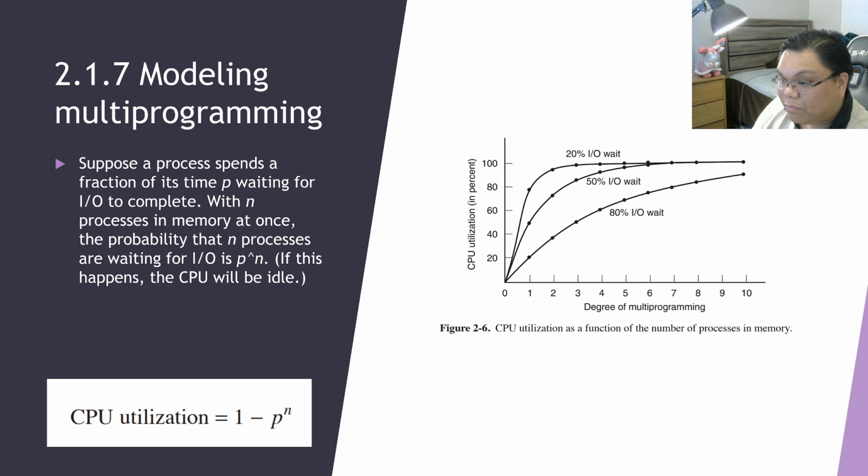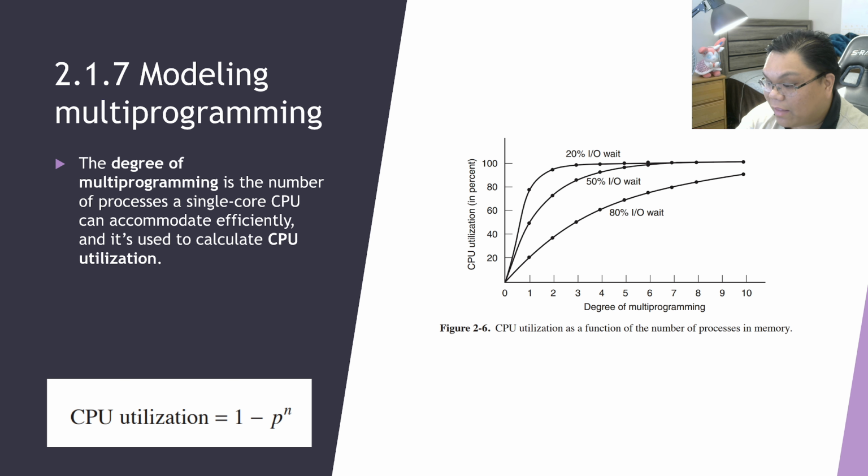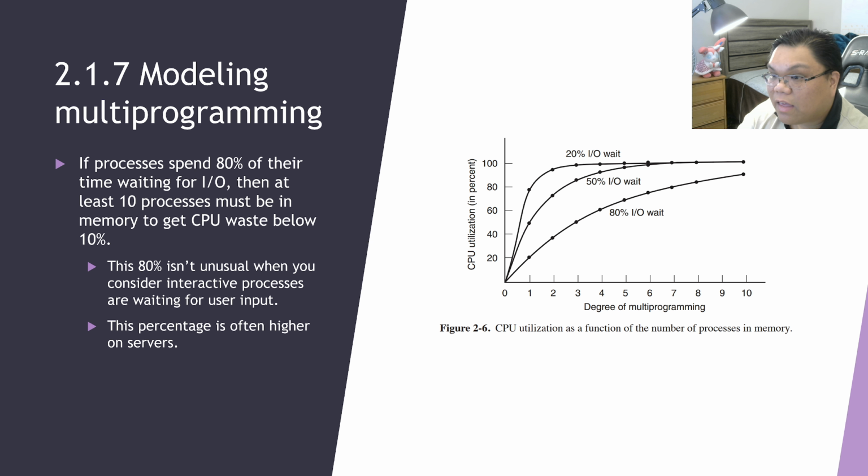Given n processes, CPU utilization is going to be 1 minus P to the n. If processes spend 80% of their time waiting for I/O, then we need at least 10 processes to be in memory to get CPU waste below 10%.